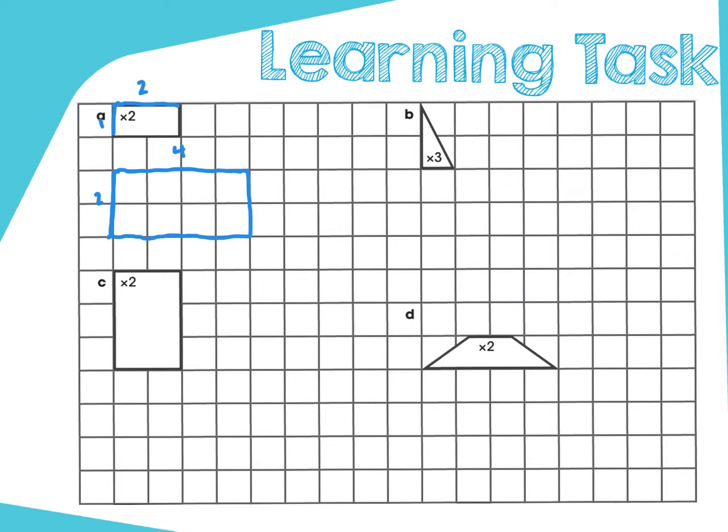All right, let's look at this one now underneath. Okay, we'll go to C. I've got 2 times 3. So I know that I'm going to have to build mine bigger. So I'm going to start from the bottom here. So 2 times 3 is 6. So I've got to go up 6. 1, 2, 3, 4, 5, 6. And then 2 times 2 is 4. 1, 2, 3, 4.